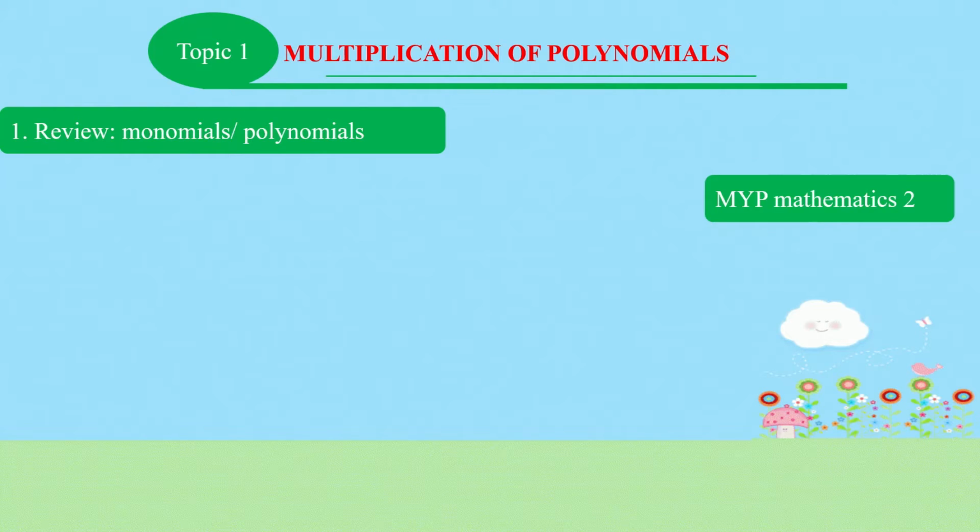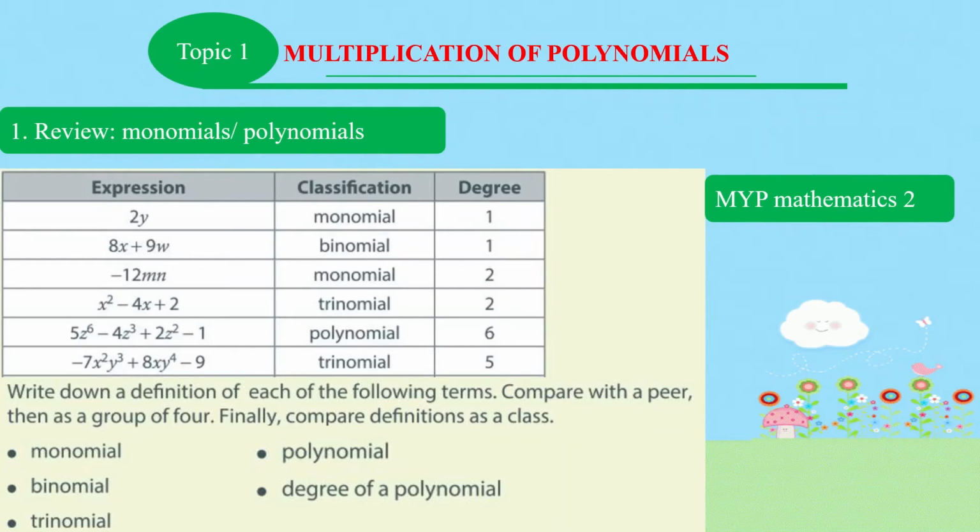So, what is a monomial or polynomial? I give you an activity in MYP2. You could see right here there are some expressions in the first column. In the second column is the names, and in the third column, you could see their degrees.